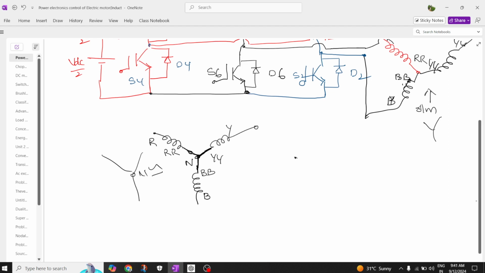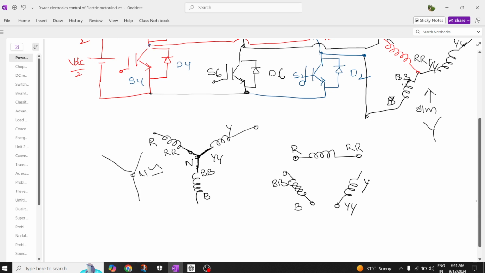In delta also we are going to have three windings, and we are going to label these windings as R, RR. Next one we're going to have Y. So this is the next set of winding, Y, YY. B, BB, or you can write R dash, Y dash, B dash.